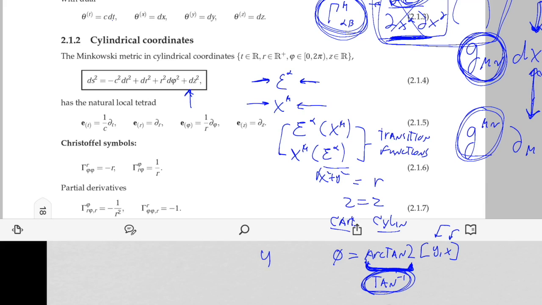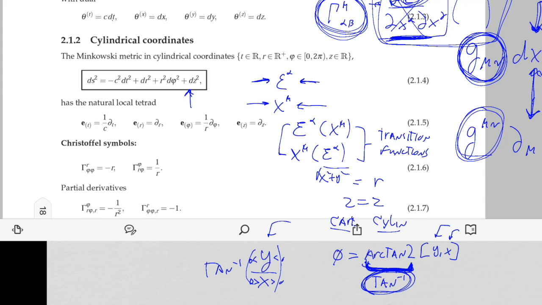The problem is there's some ambiguity with y over x, right? The inverse tangent of y over x. Well, y over x is going to have a sign depending on the sign of y and the sign of x. But if y is greater than 0 and x is less than 0, that puts the resulting angle in a different quadrant than if y is less than 0 and x is greater than 0.